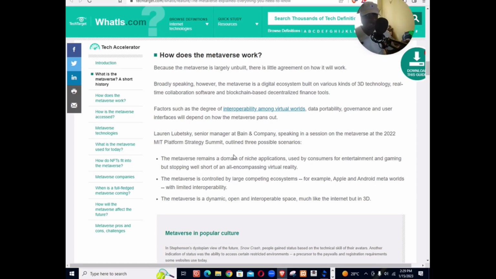Now, because of how complex metaverse is, the whole idea of governance and the policies and operations which underpin metaverse, there are so many laws and regulations that are meant to be put in place in order to govern how people use metaverse.